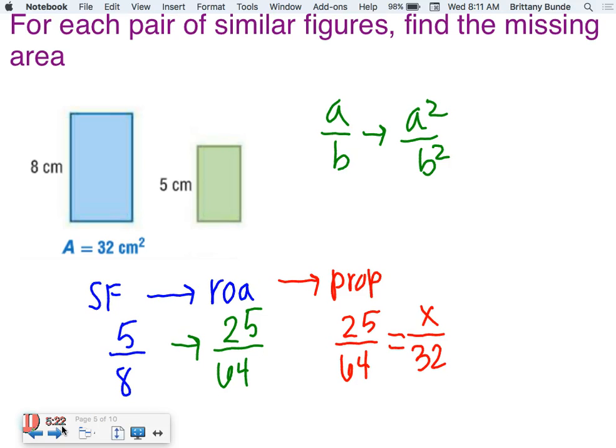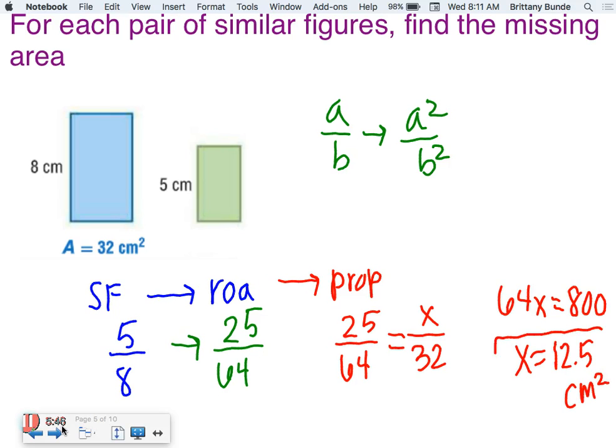Now we just cross multiply. Someone's going to have to help me out and remember that 25 over 800. Say 12.5 centimeters squared.